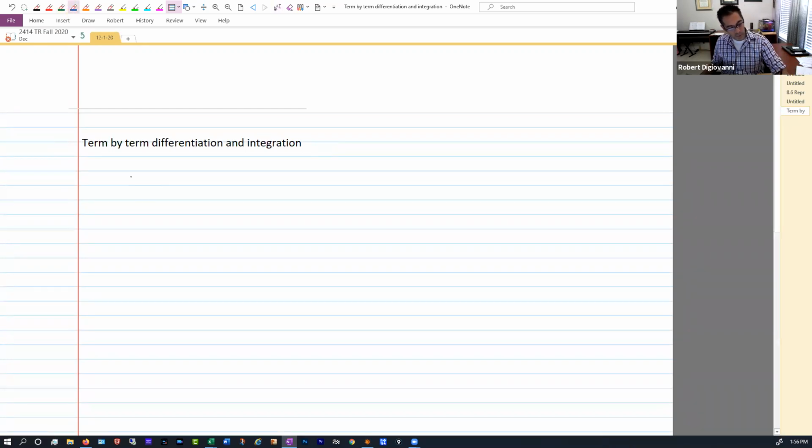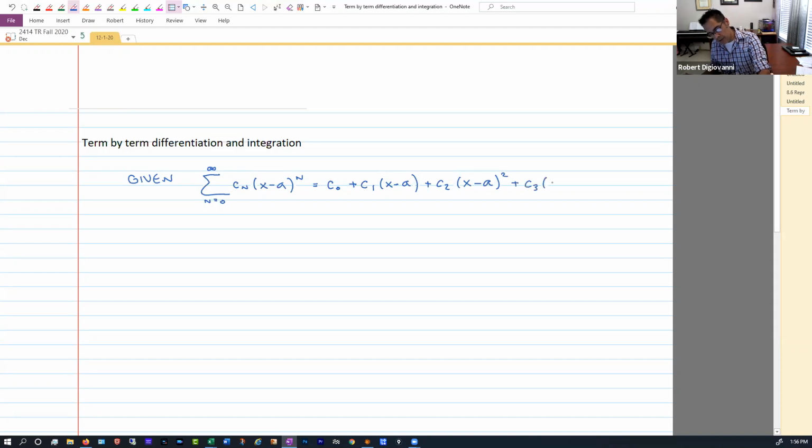All right. Here we go. Given any power series, which looks like this. So I'm writing out what you already know. This is what would happen if you start plugging numbers in for n.